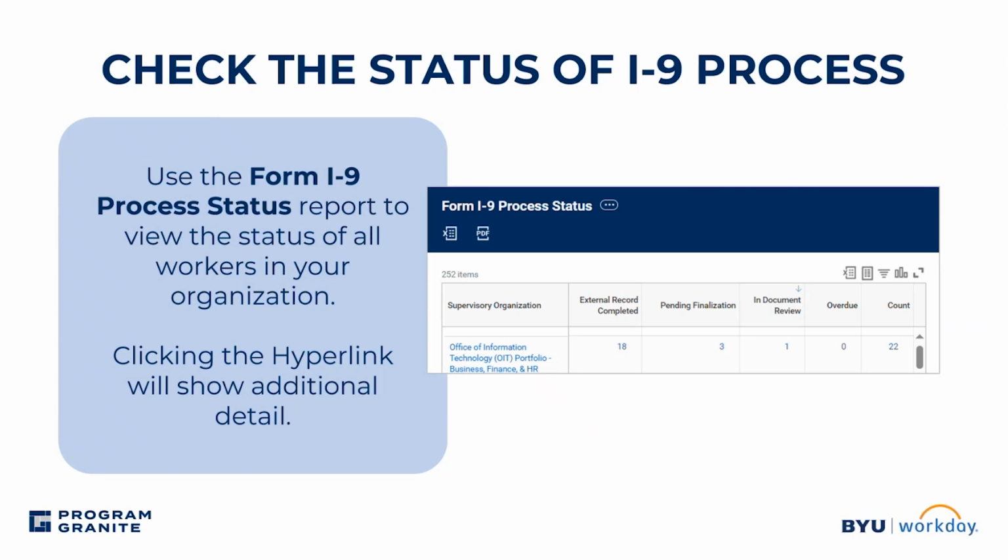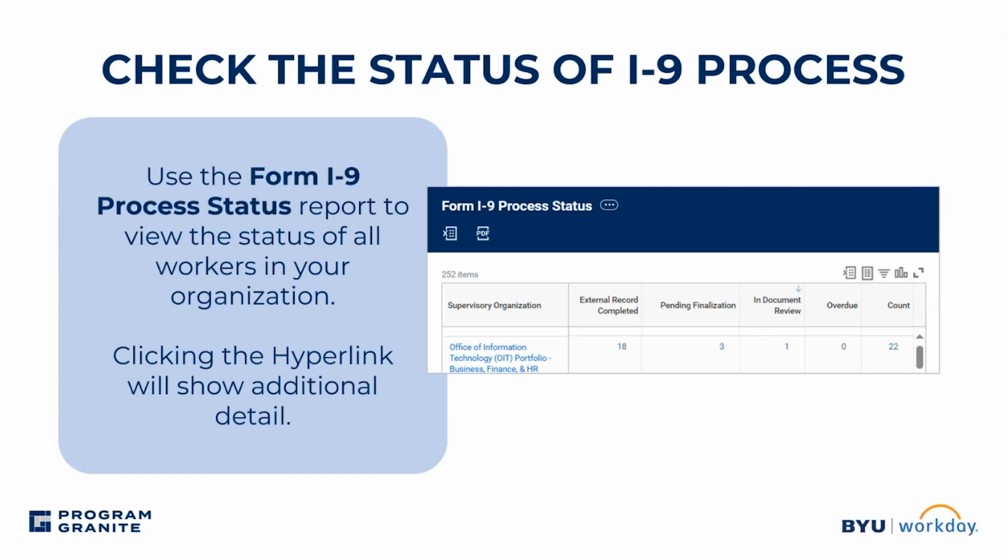So if you see completion is on the left, kind of backwards, but completion is on the left, pending finalization, that's where it's in step 2 or 3 by the hiring office. In document review is step 2, and then you have overdue, which is they haven't started, okay? So just know that it's giving you a report card of a specific supervisory organization.